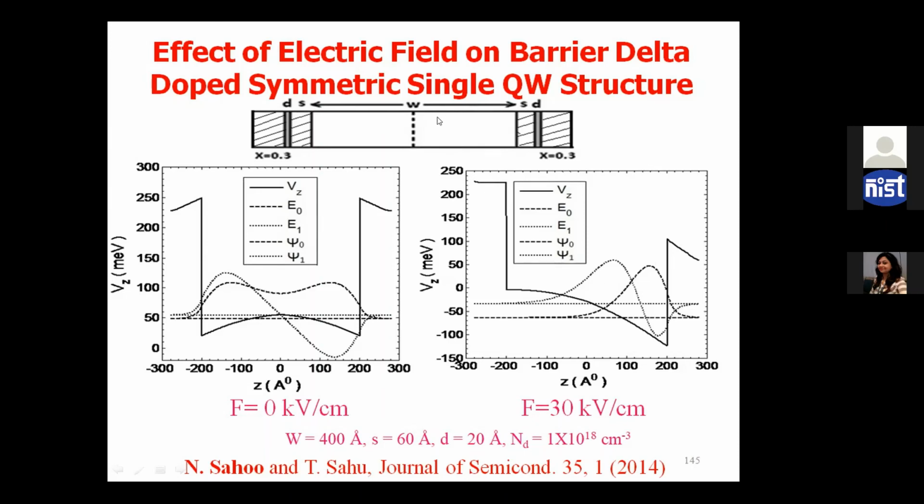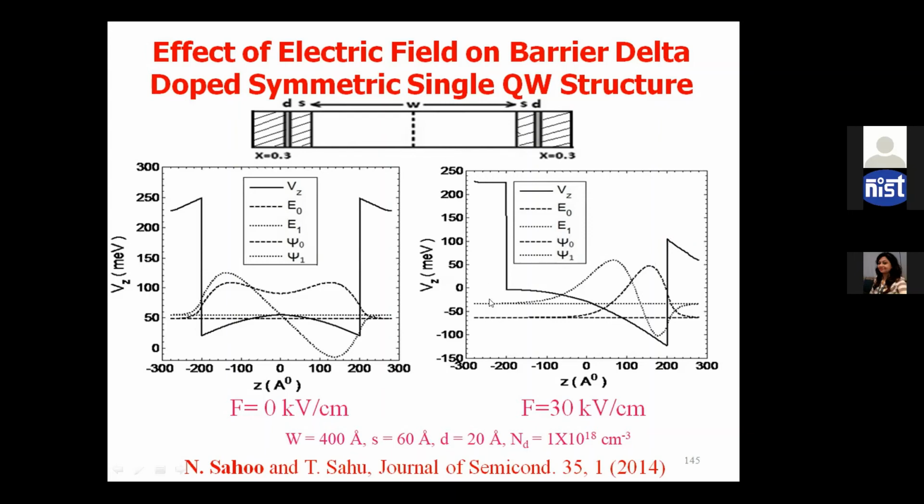Now when you apply field, instead of this symmetric and antisymmetric, all the wave functions are totally shifted towards the right side of the interface. As it is totally shifted towards the right side, when you are calculating the mobility, the electron is now away from the left barrier.